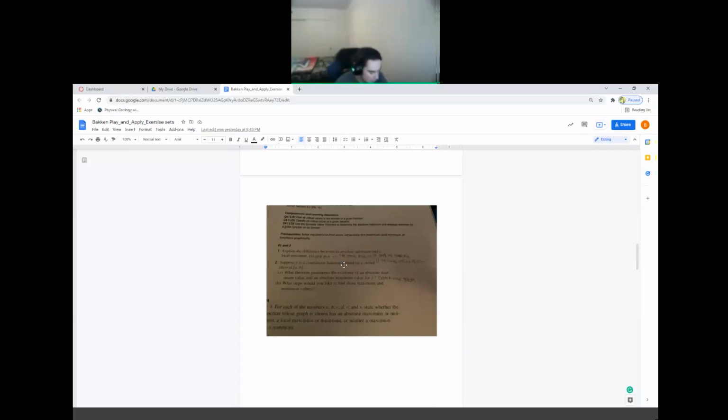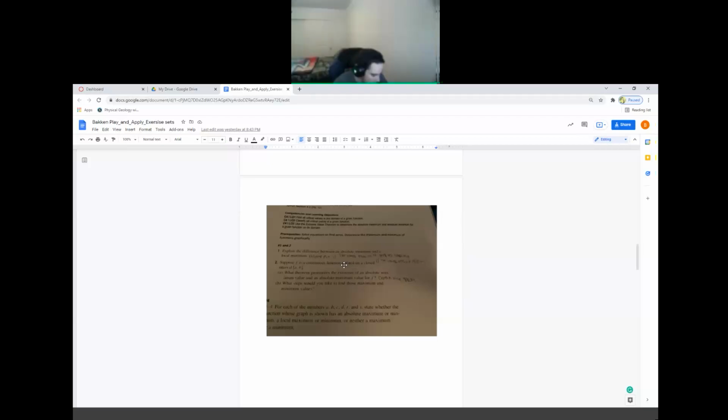Number 1 just asked to explain the difference between an absolute minimum and a local minimum. This wasn't a difficult thing to do at all. It doesn't really relate to any of our learning objectives, but I thought it was important to know this difference, so I wanted to put it in our discussion.